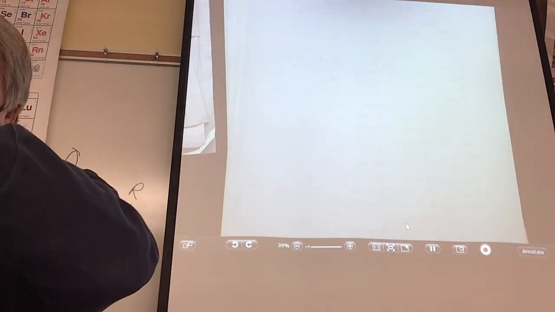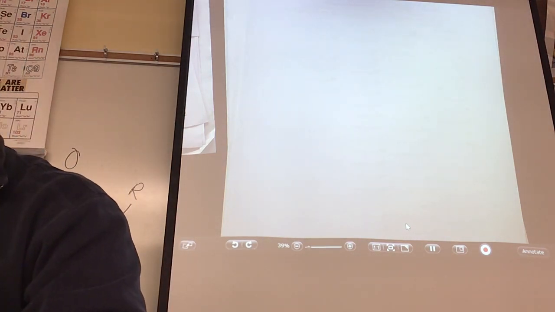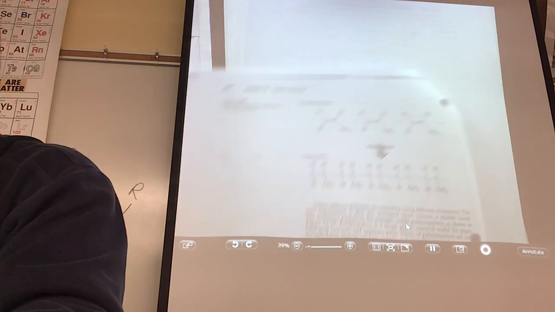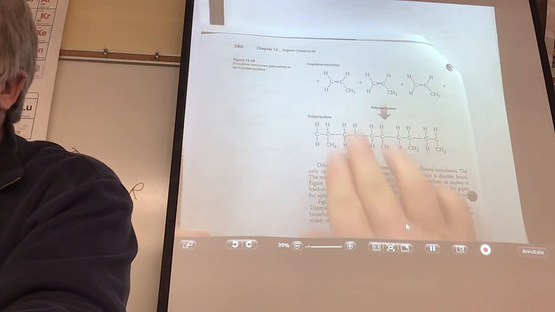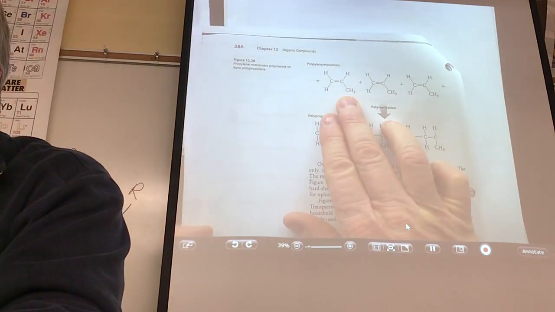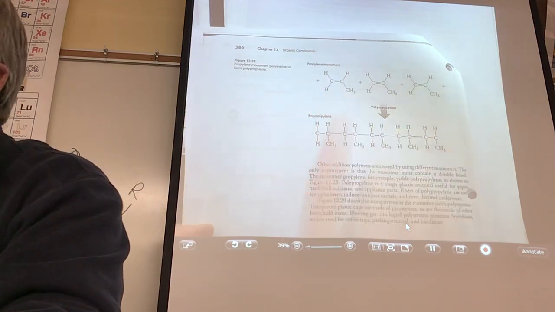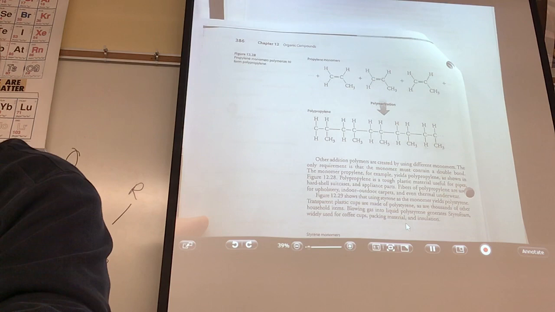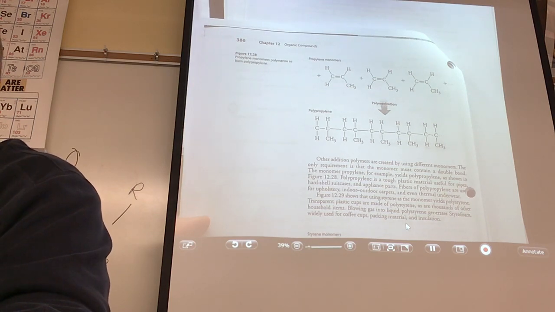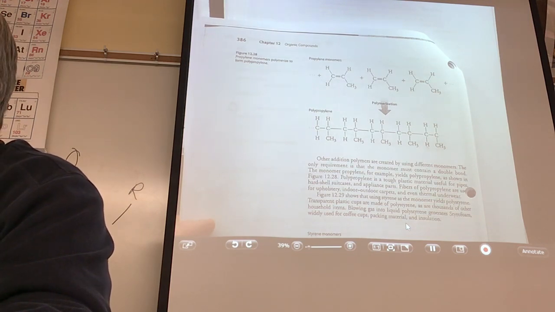And let's see, what else is there? This is the same thing. In this case, what would be the name of this monomer? It's got 3 carbons, so it's prop.